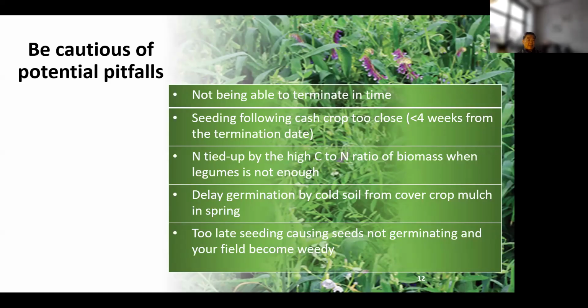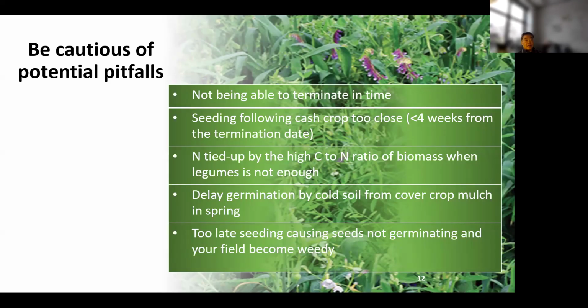And the third one is nitrogen tied up by high carbon to nitrogen ratio biomass, when legume crops are not enough. Particularly, some organic producers grow cereals as a single-species cover crop, which doesn't really serve some of the purposes of cover crops.